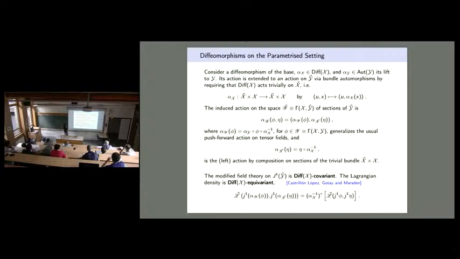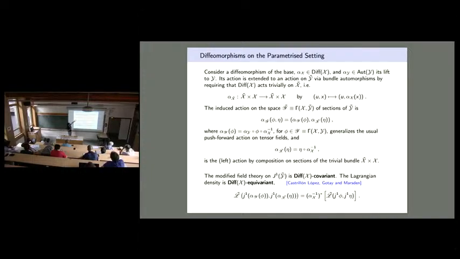Okay, so now consider this diffeomorphism of the base, and the lift of these diffeomorphisms at the level of the bundle. So this is the way this group now acts on my variables.